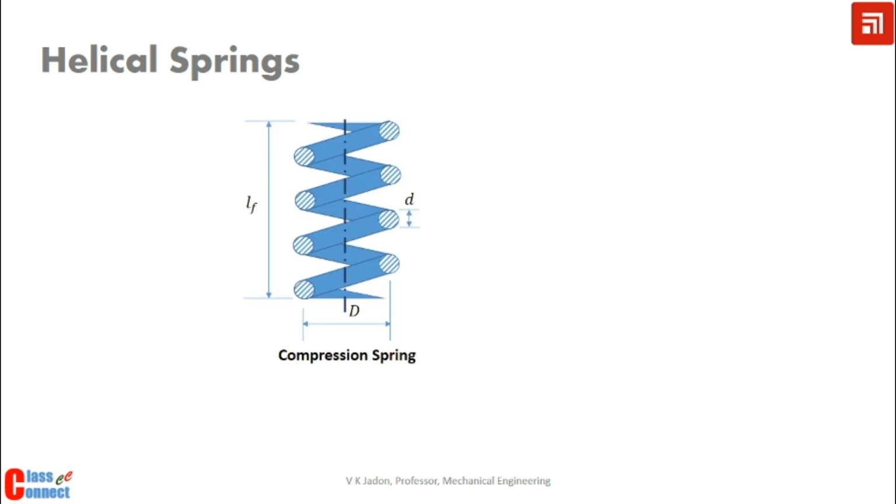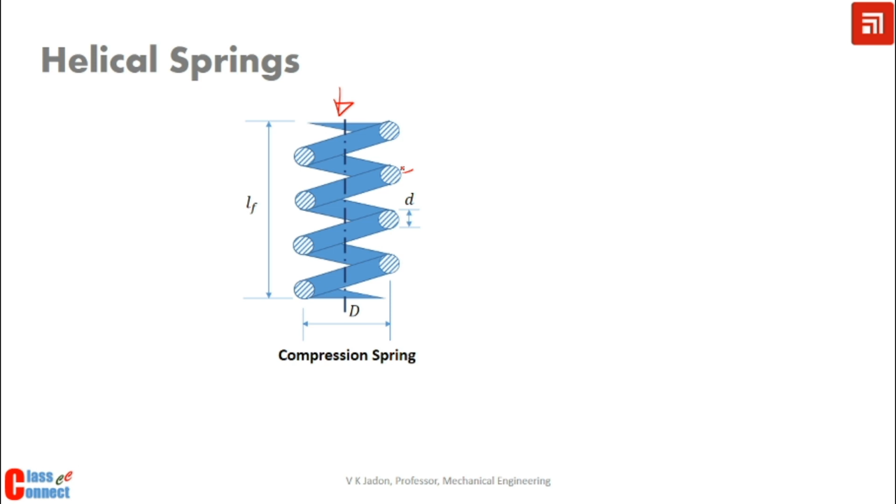The axial force applied on the helical spring induces torsional shear stress in the spring wire. In case of leaf spring, we apply transverse load, and tensile and compressive stresses are induced. The complete analysis of different types of spring will be discussed in subsequent sessions.